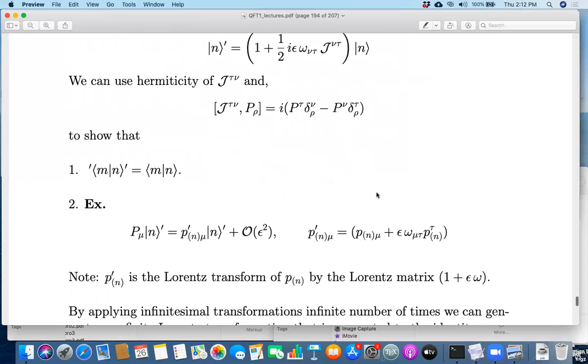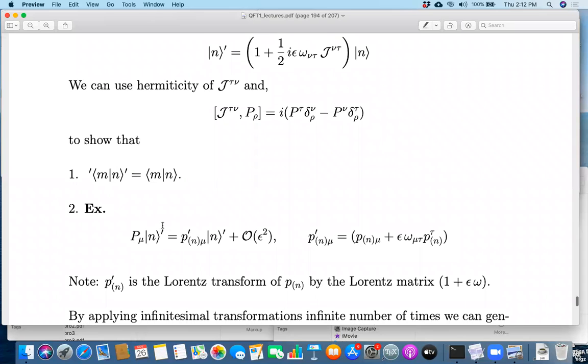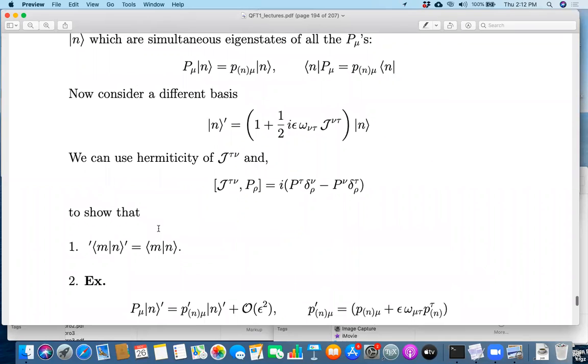Okay. So now I'll leave it as an exercise to show that P mu on n prime. How will you calculate this? The way you will calculate this is that we will use this expression for n prime here, and then we'll use the commutator between P mu and J nu tau, right?